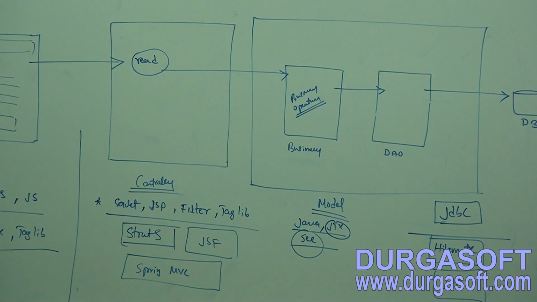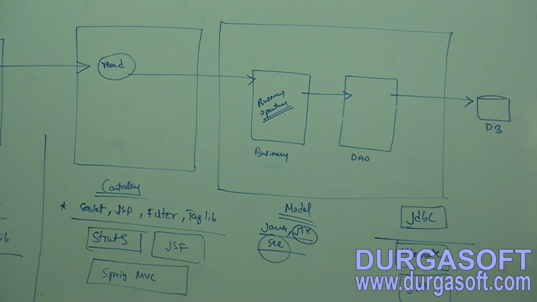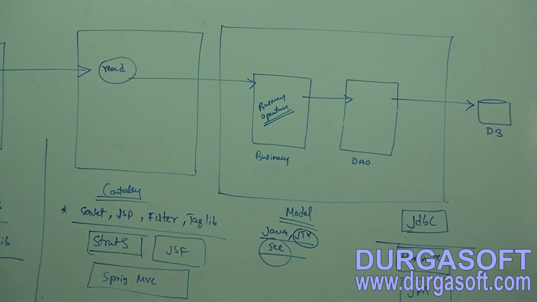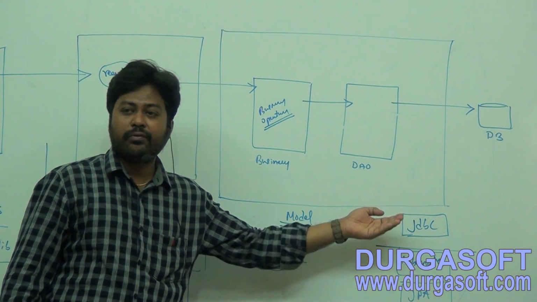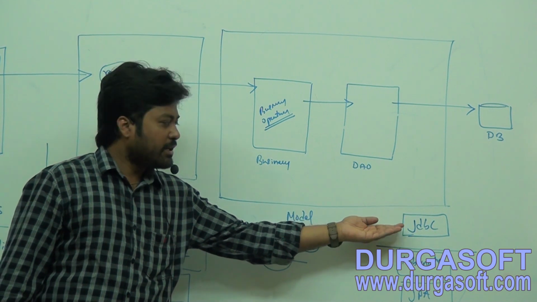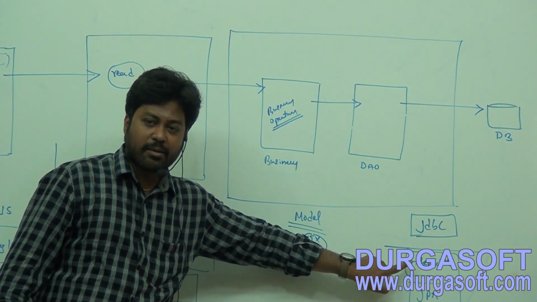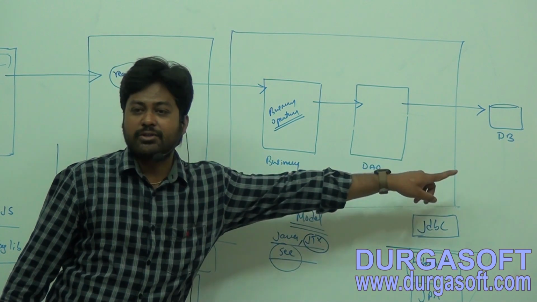Those are ORM tools, not like JDBC, but they can do database operations. Hibernate and JPA are designed on top of JDBC. Internally they are using JDBC only. By using Hibernate and JPA also you can make database operations here.